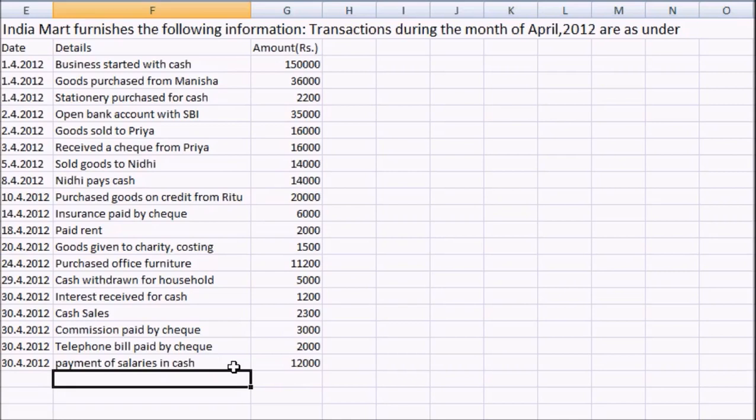Now I'll start with the first transaction. Business started with cash. First of all, let us find out the accounts involved in this transaction. There are two accounts involved in this transaction, as cash has been received in the business, so there is a cash account, and as it has been introduced to start the business, so there is a capital account.